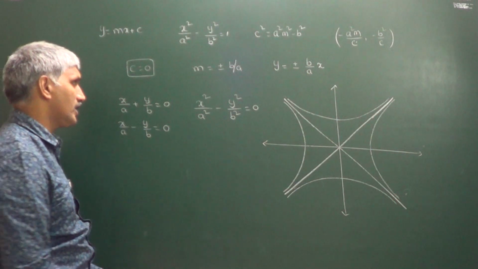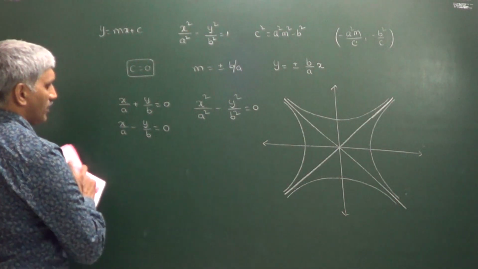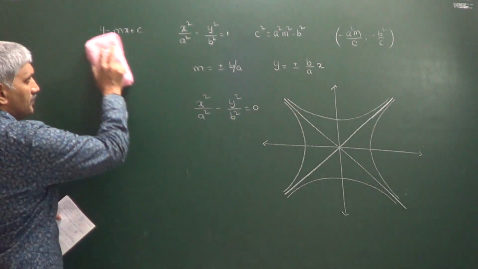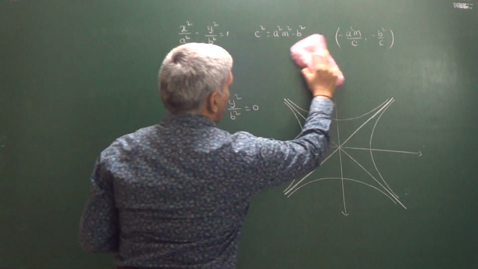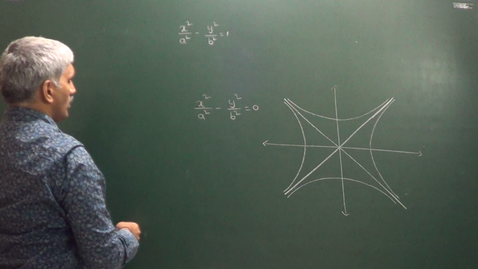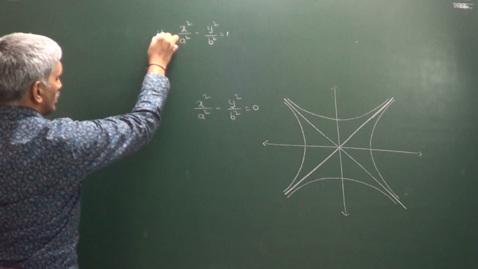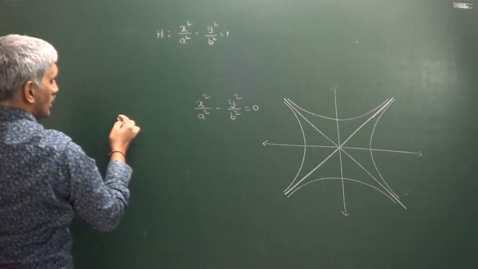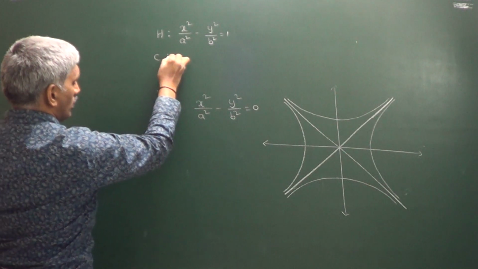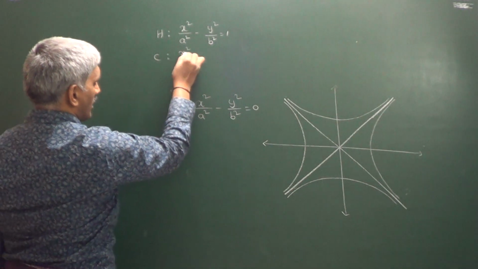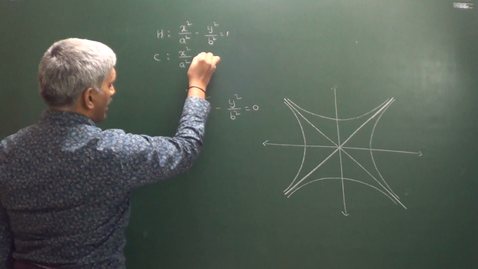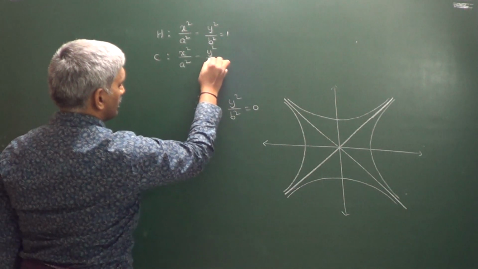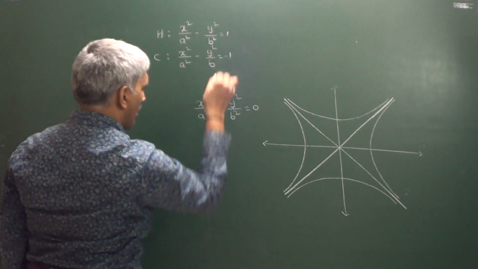x square by a square minus y square by b square is equal to 1 is the hyperbola equation. And you know the conjugate hyperbola is x square by a square minus y square by b square is equal to minus 1.